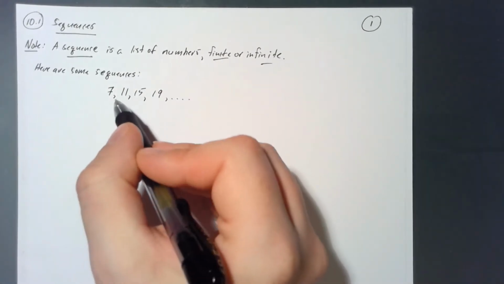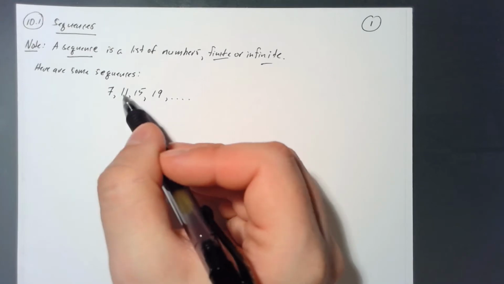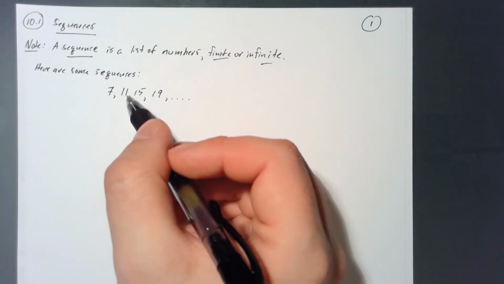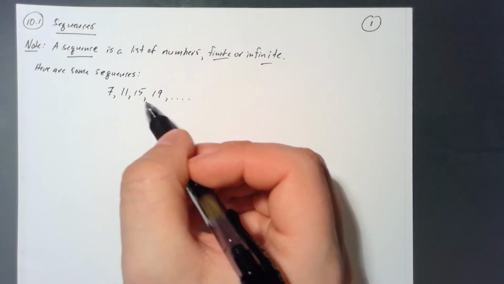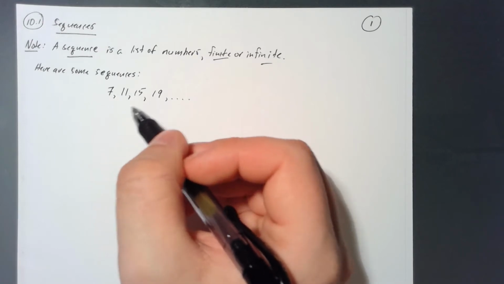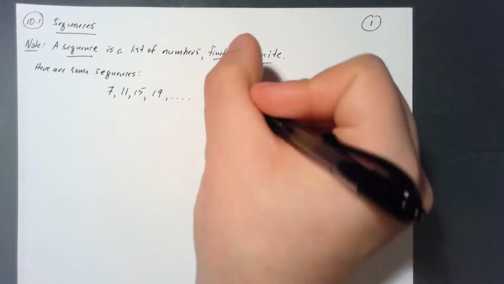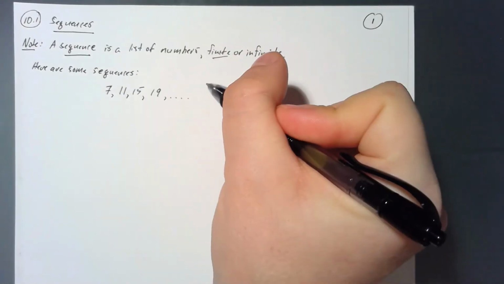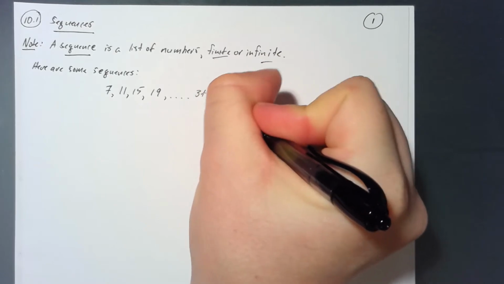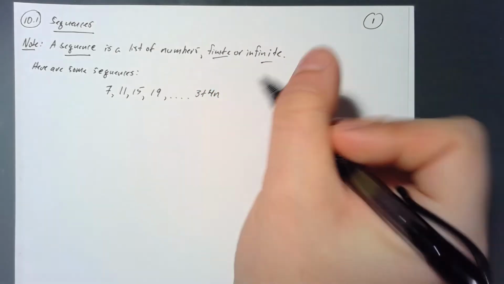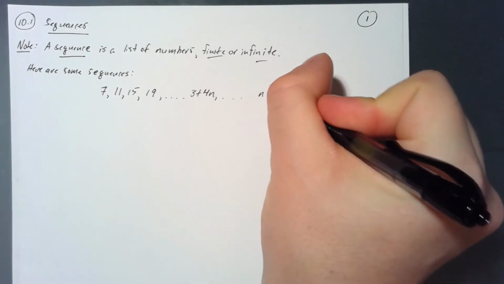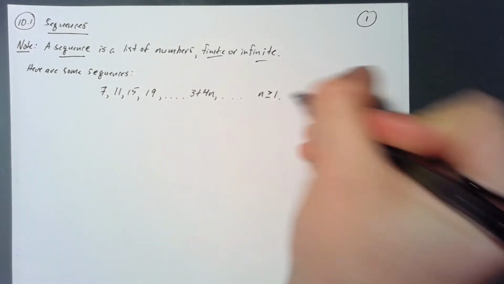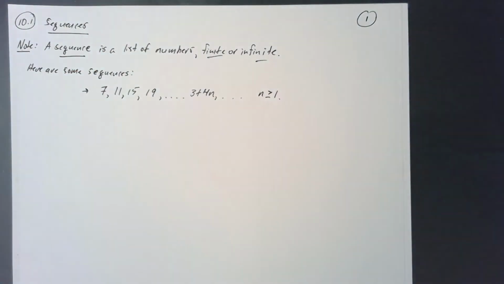So this seems like a random pattern, and actually there is a relationship between 7 and 11 and 11 and 15 and so on. There's a relationship between each term in this sequence, and basically the explicit formula for this sequence is 3 plus 4 times n, comma, dot, dot, dot, where n is greater than or equal to 1. So this is just an example of all different types of sequences you'll see.